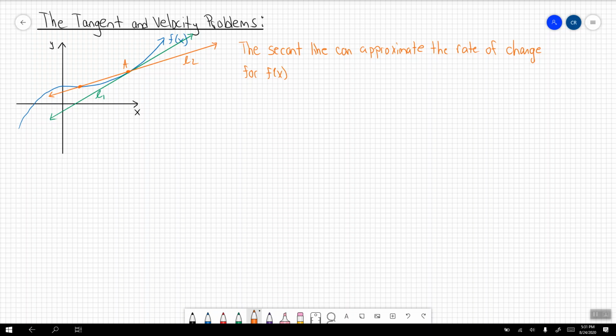It will approximate the rate of change for f of x when any x values are near point A.